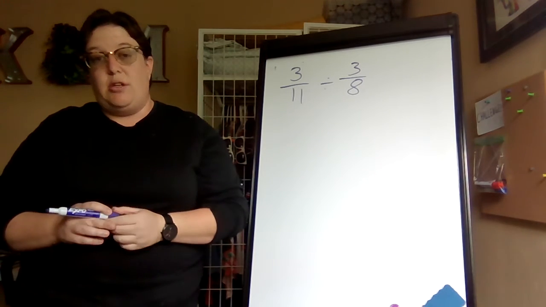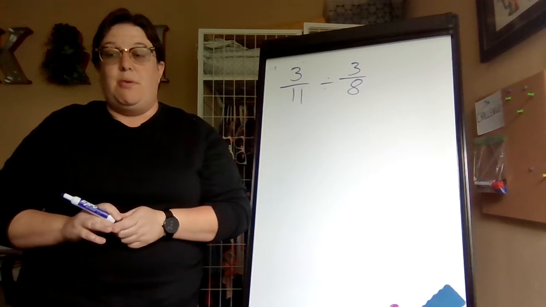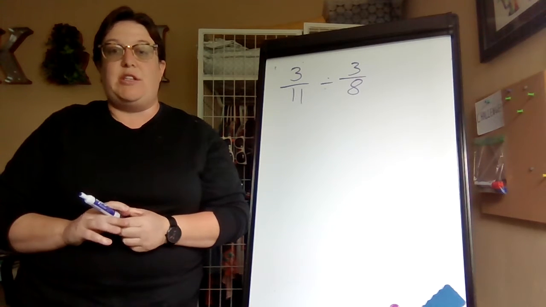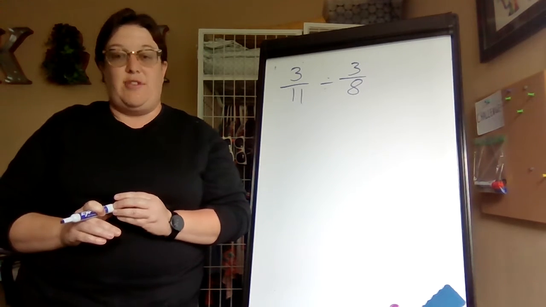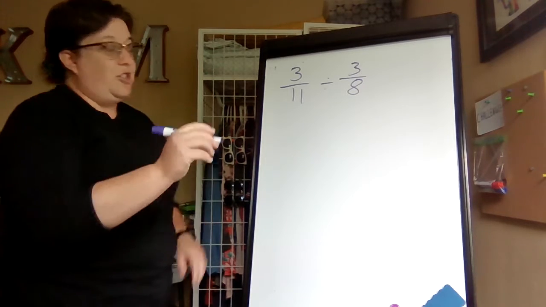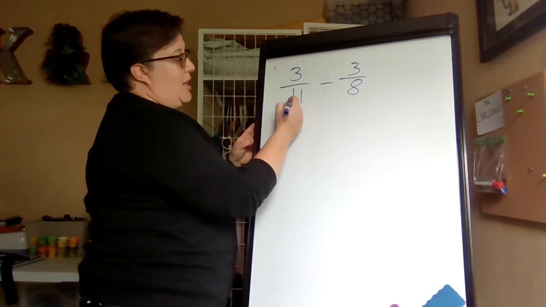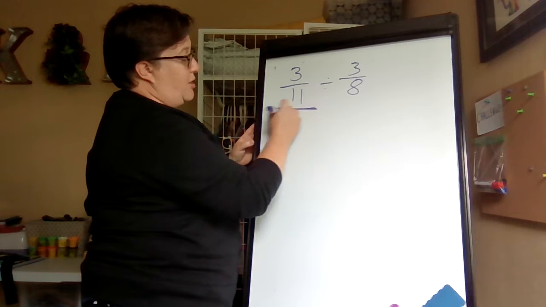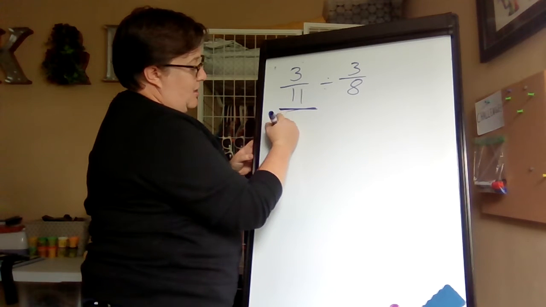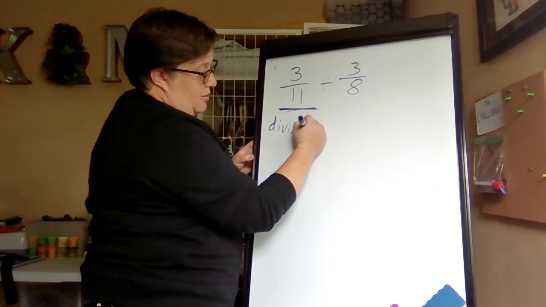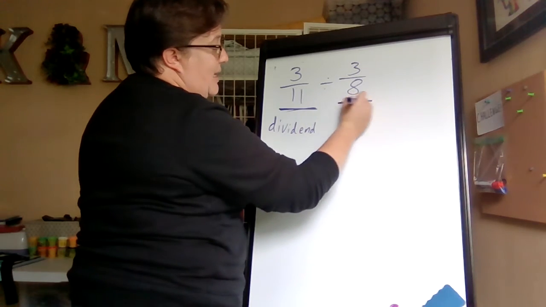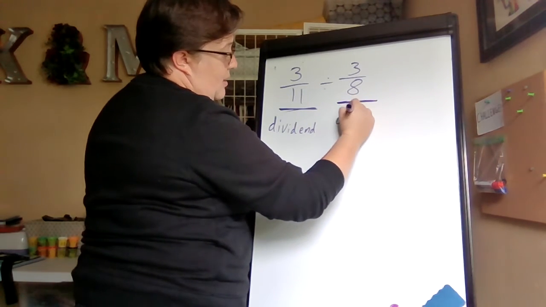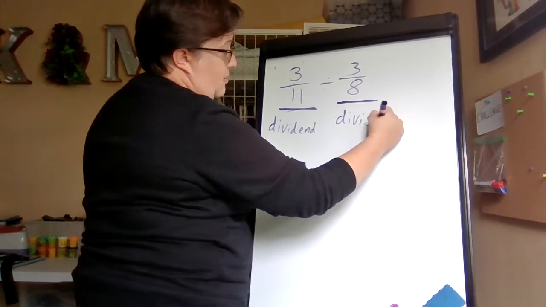Okay, so step one is to multiply by the reciprocal of the divisor. Just a reminder, the first number in a division problem is the dividend. The second number is the divisor.